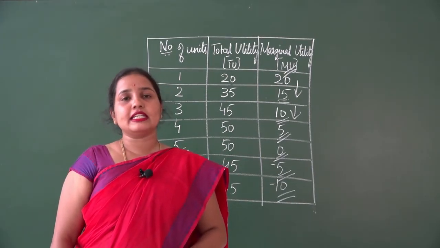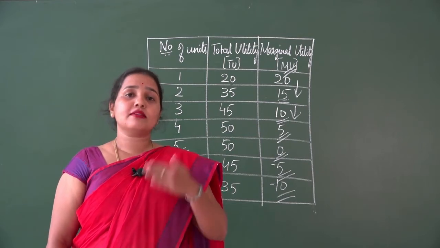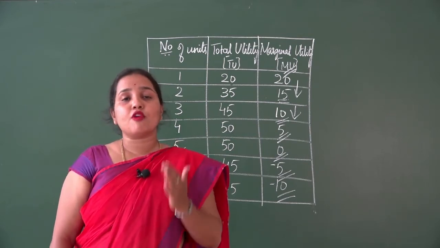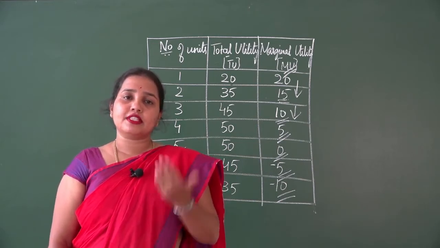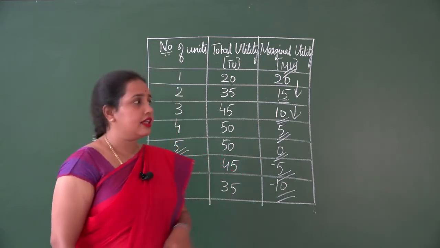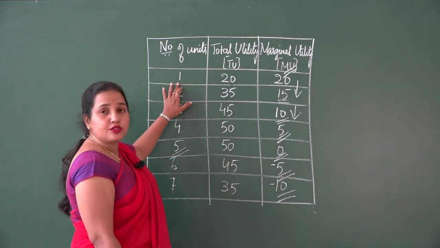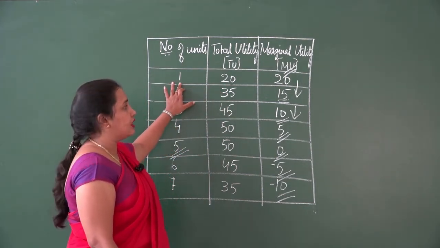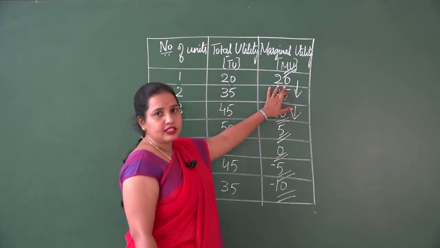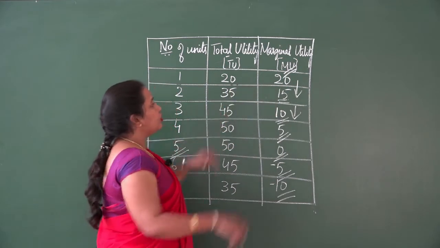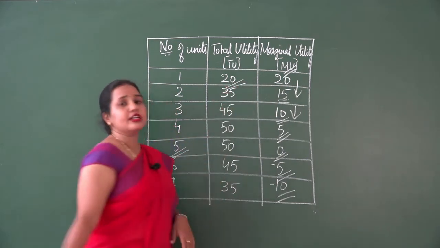Total utility is taken as all the marginal utility combined together, or the sum of all the marginal utility gives us total utility. As you have seen in this schedule, when the consumer consumes the first unit of the commodity, the utility derived, that is the marginal utility derived, is 20 and the total utility is also 20.